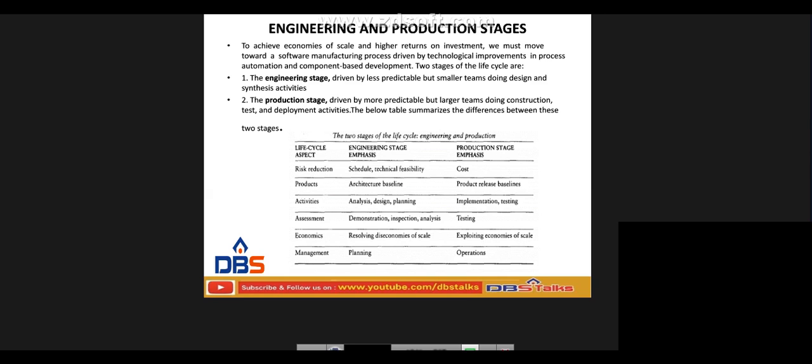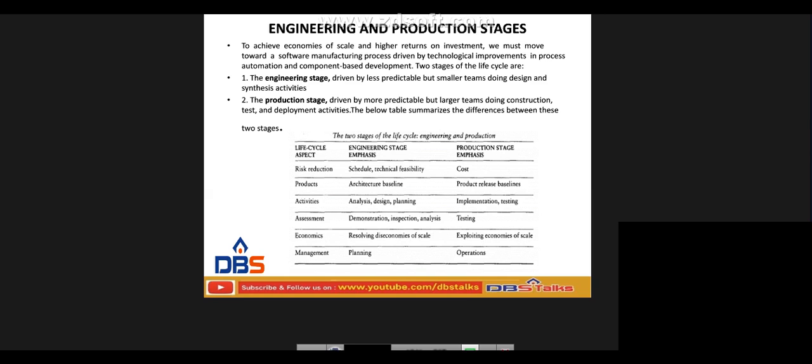The table below summarizes the differences between these two stages. There is a life cycle aspect, the engineering stage emphasis and the production stage emphasis. In the life cycle, risk reduction in engineering is based upon schedule and technical feasibility, and in production it is based upon cost.